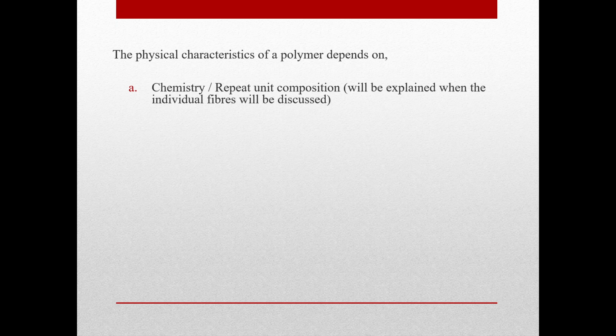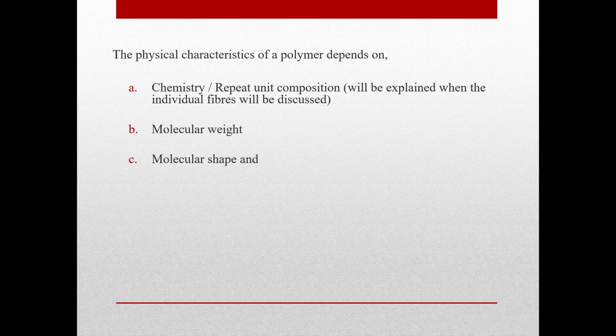The physical properties of a polymer will first depend on the chemistry or the repeat unit composition, which will be explained when the individual fibers are discussed later on. So we come to the second aspect, that is the molecular weight.